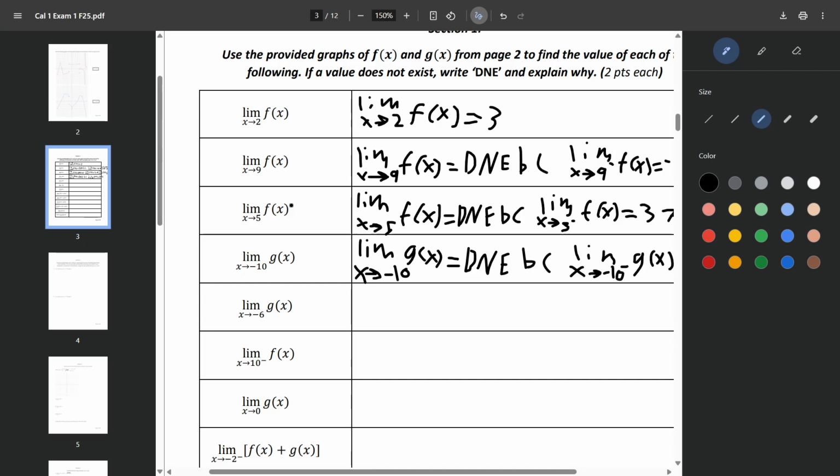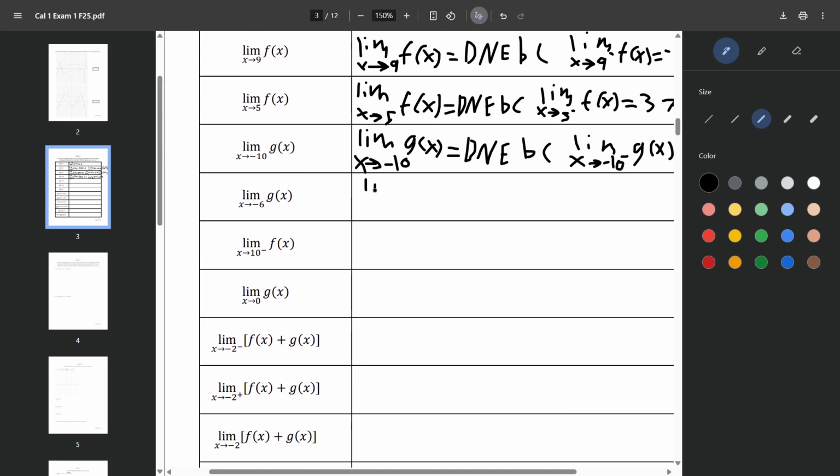And so, because of that, our answer will be limit of x approaching negative 6 of, that's an ugly 6, let me rewrite that. Yeah, that's good. Of g of x equals 3.